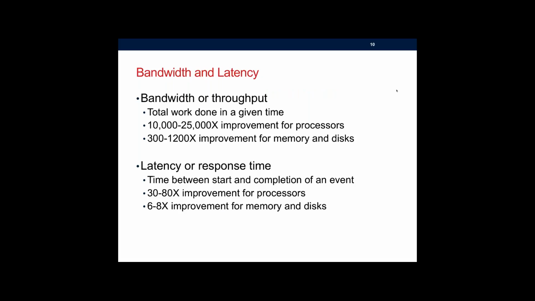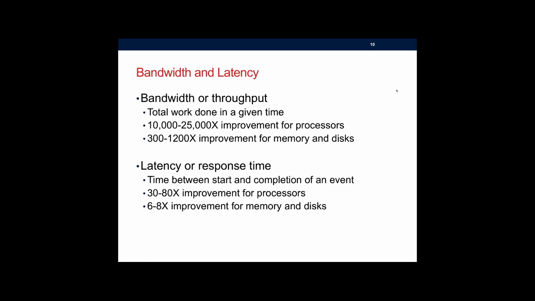One thing I really want to highlight: when we talk about speed or measuring the performance of a program, we usually use two terms, bandwidth and latency, or throughput and response time, which mean similar things. The bandwidth is the total work done in a given time.